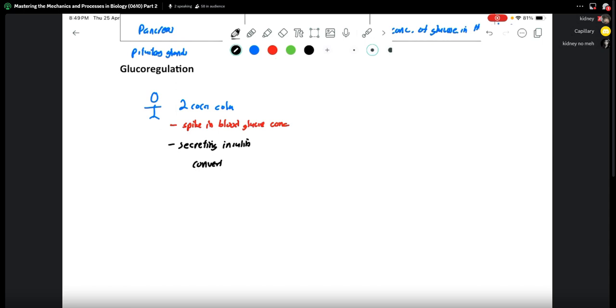It's the kidney. Liver undergoes deamination. Yes, you are correct. I said where is glucose reabsorbed. Mainly reabsorbed.